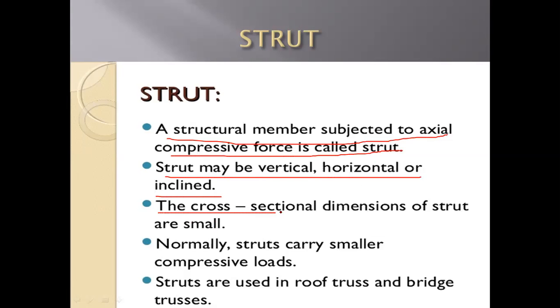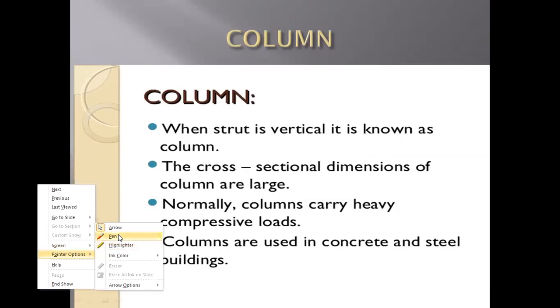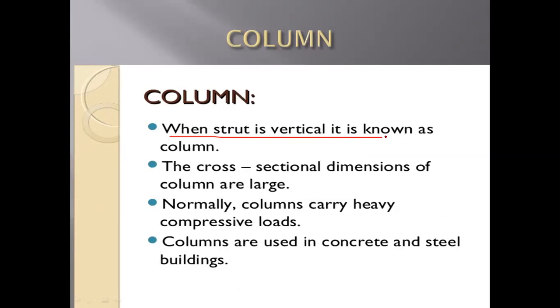But the cross-sectional area of the strut is very small. And also we can say a strut carries smaller compressive load. It is used in roof truss and bridge truss that we already discussed in the analysis of truss. Then if you go for a column, it is when the strut is vertical.